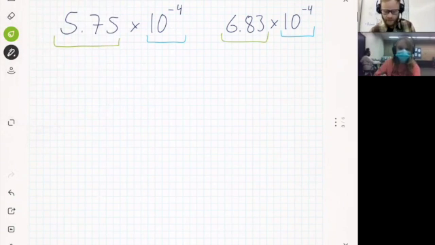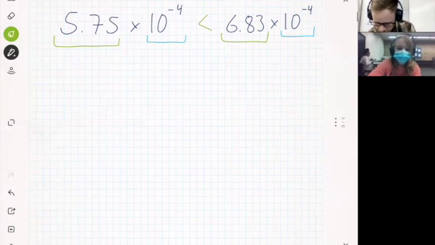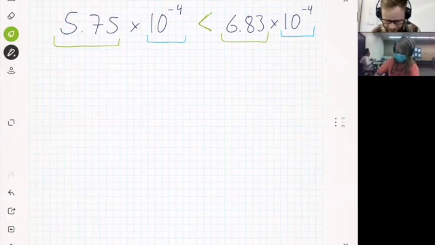And so which is bigger, 5.75 or 6.83? 6.83. Totally. So this one is going to be bigger. But again, I think it's always nice, especially when we're starting, to just prove it to ourselves by writing it out in expanded or standard notation.